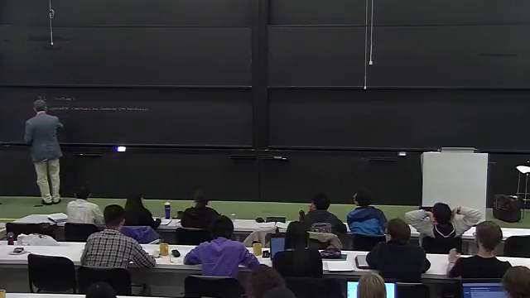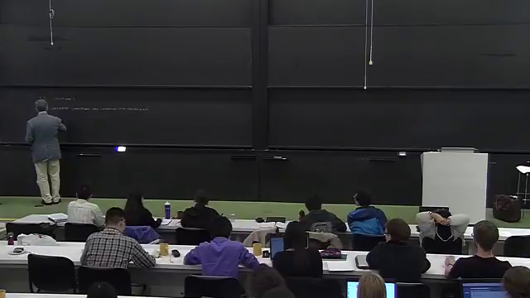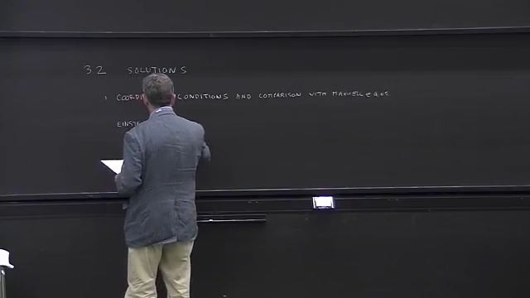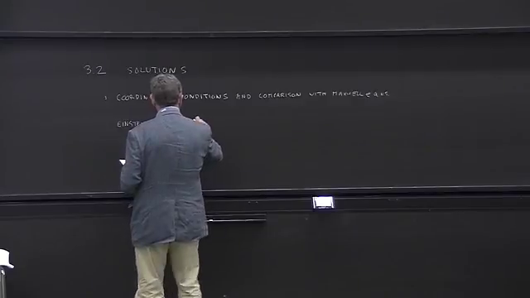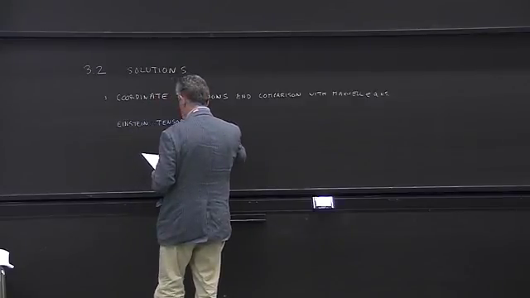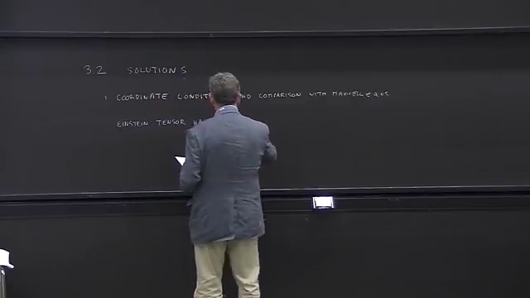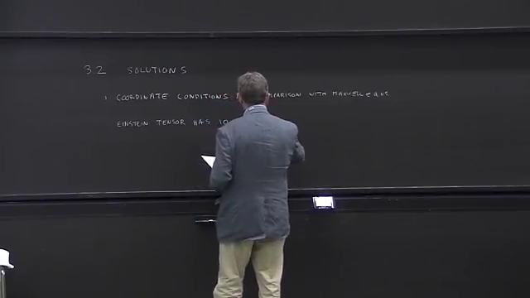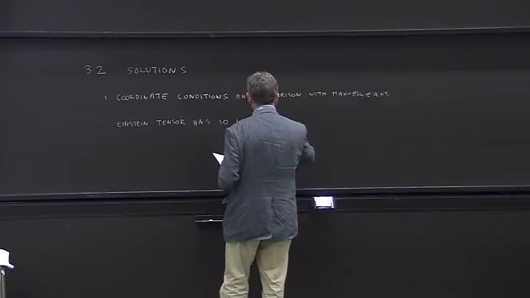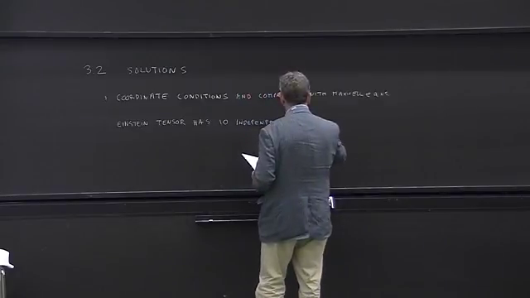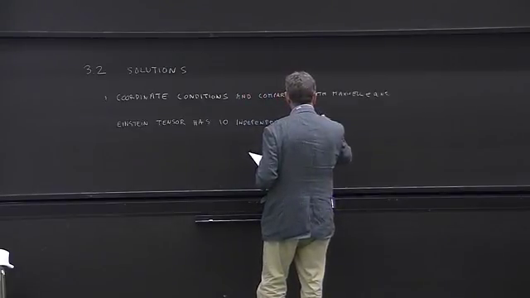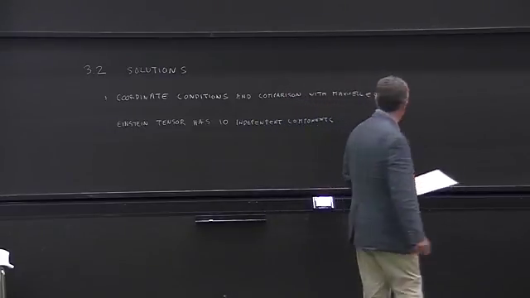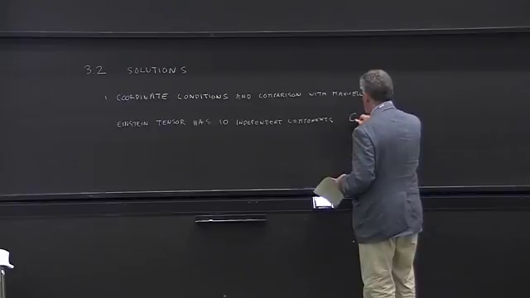So the Einstein tensor, G mu nu, has 10 independent components. It's a 4x4 symmetric matrix, G mu nu.